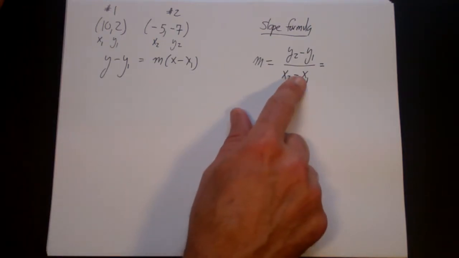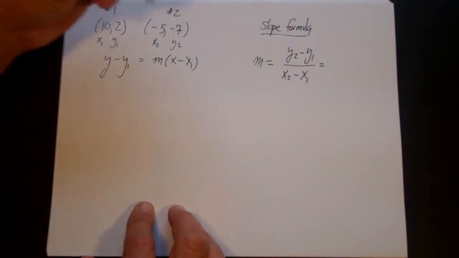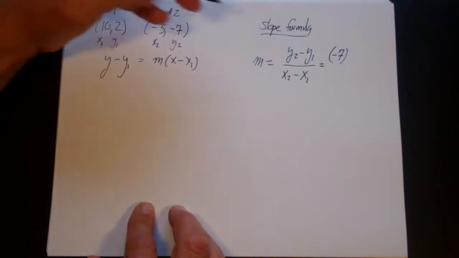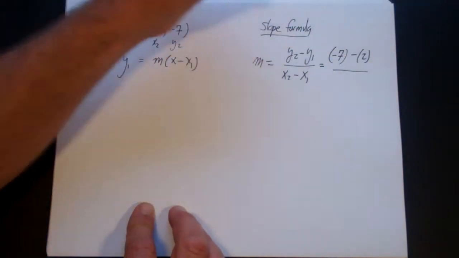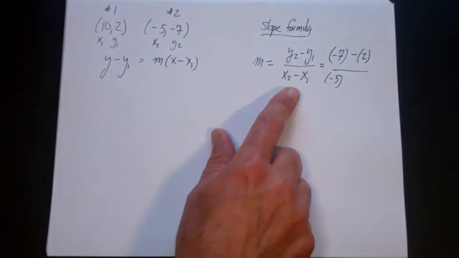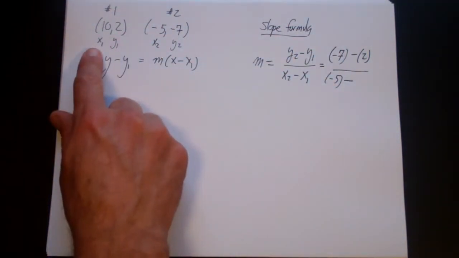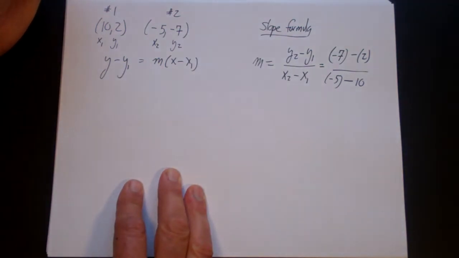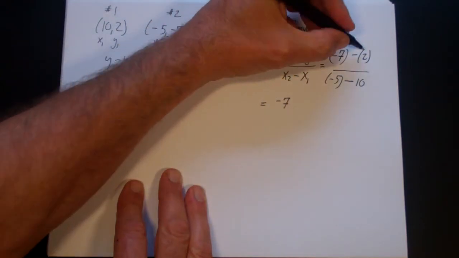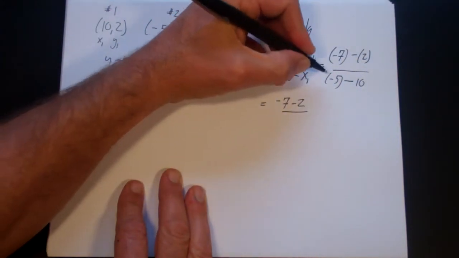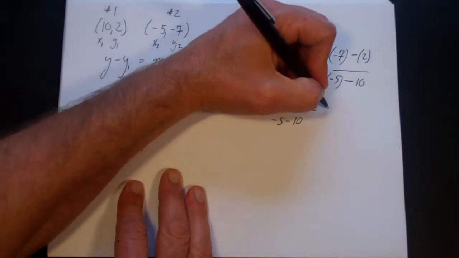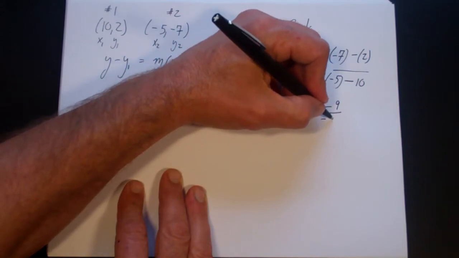So in the slope formula, I go y2, which is -7, minus y1, which is 2, over x2, which is -5, minus x1, which is 10. And then you have -7 minus 2 over -5 minus 10, which is -9 over -15.